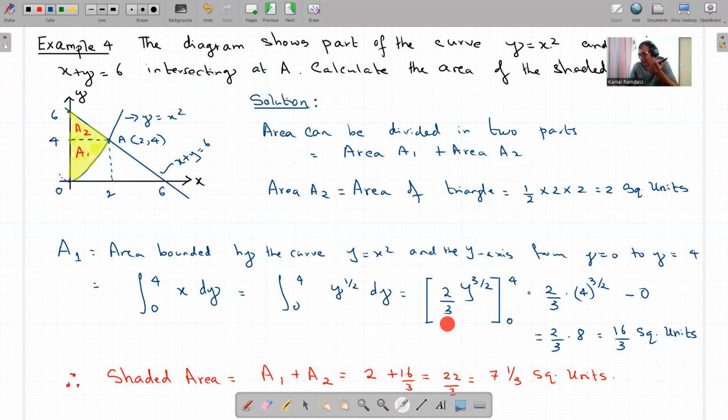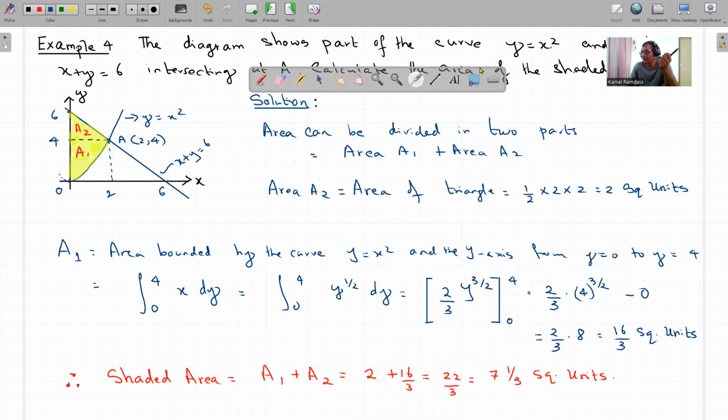Result of the integration, within these two boundary values. Et de là, on va remplacer 2 sur 3, 4 multiplié par 4 à la puissance de 3 sur 2, retirer bien sûr 0. 0 to any power is equal to 0. OK? 2 sur 3 fois 8, 16 sur 3 square unit.